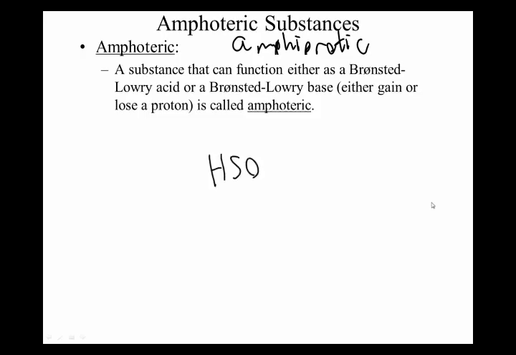So you may have noticed in there something like HSO4 minus. It has a negative charge. Most anions could take on protons to become acids, right? So if HSO4 minus gained a proton, it could become H2SO4.